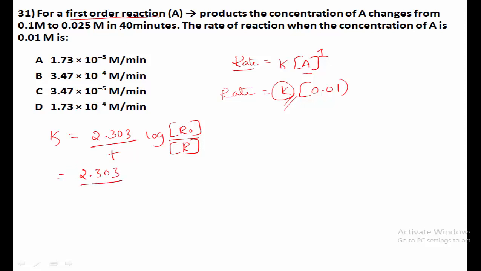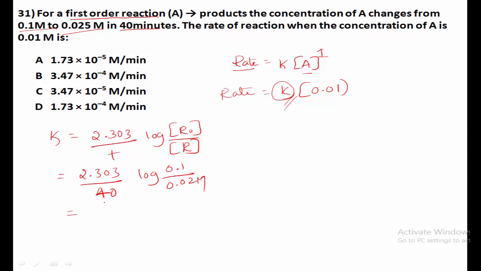2.303, t means 40 minutes, so 40, log of R naught, the initial concentration, 0.1 M, divided by the final concentration 0.025. Substitute that value.